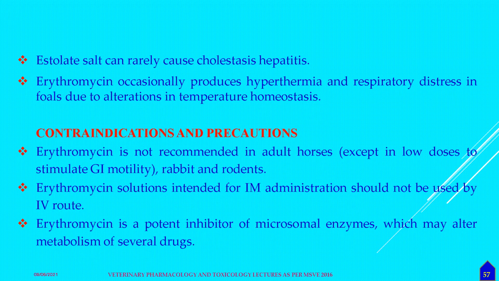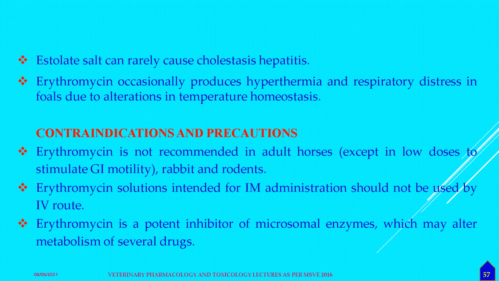Whereas the contraindications and precautions: erythromycin is not recommended in adult horses, except in low doses to stimulate GI motility, because it is a prokinetic. Rabbits and rodents are especially the model.